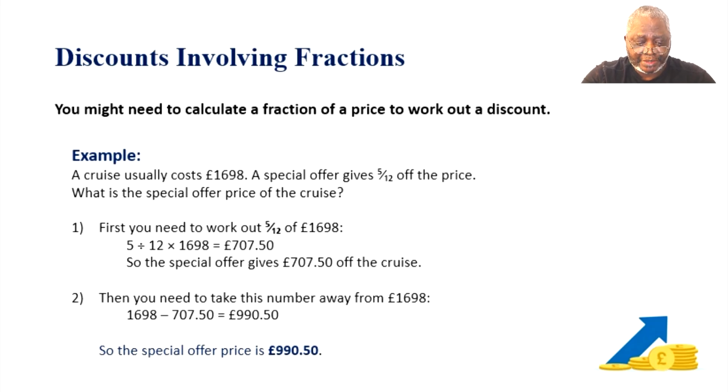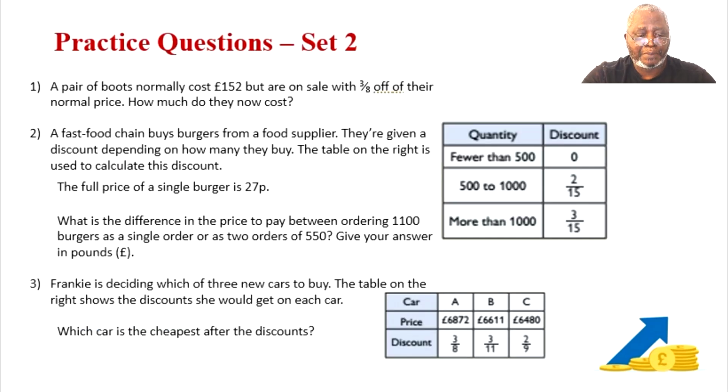Then you need to take this number away from 1,698. So the special offer price is 1,698 minus £707.50, which is equal to £990.50.